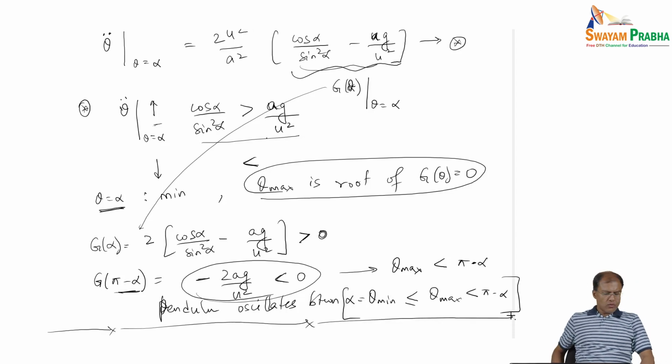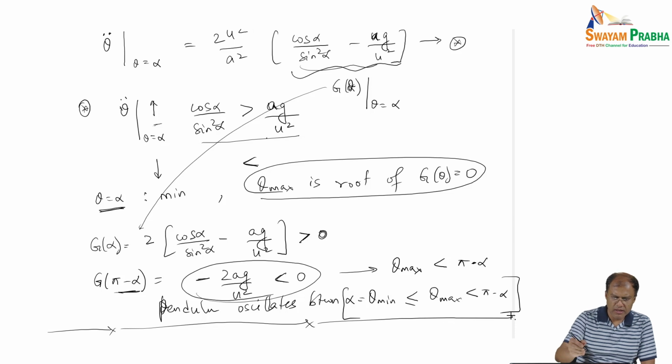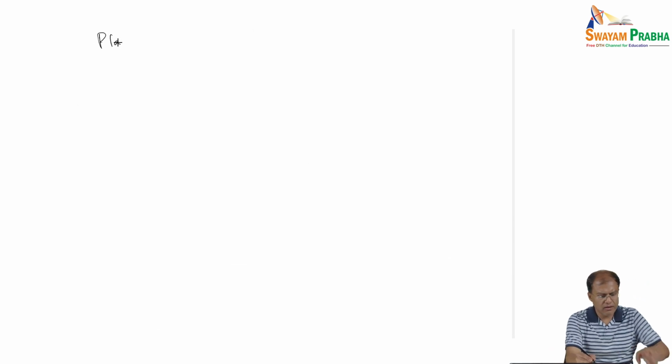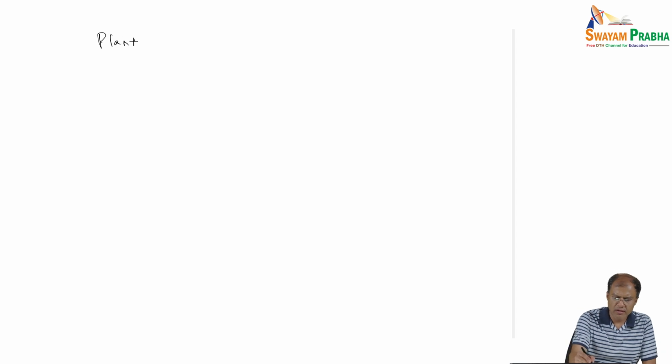Okay, so then let us look at the planar rigid body motion, and let us see what is happening. So what we now discuss is the planar rigid body motion.